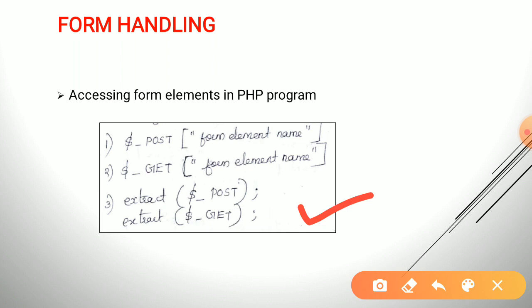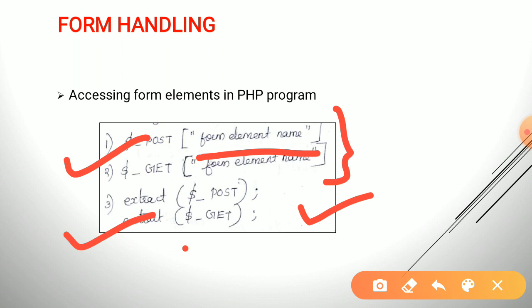In the first two methods, we are accessing individual elements, the values of individual controls in the form, by specifying their name. But here, the extract function extracts all the values posted by the client. That is the difference between this one and this one.